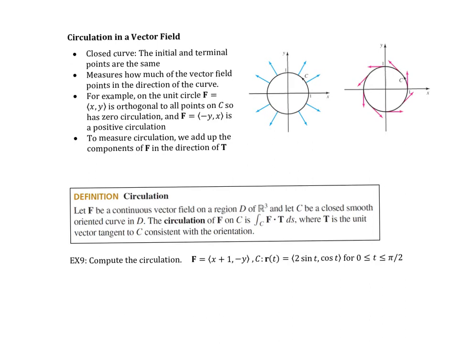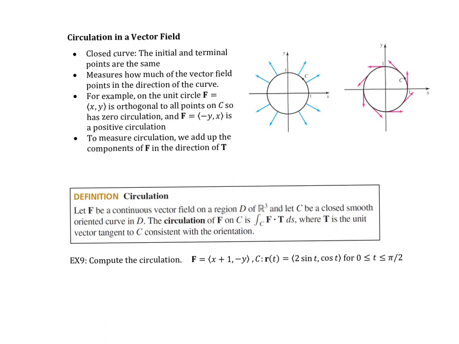Now remember, we have some curve and we're plopping it into some vector field. So when we talk about circulation, what we're doing is we're simply adding up all the vectors that are going in the same direction as our curve.